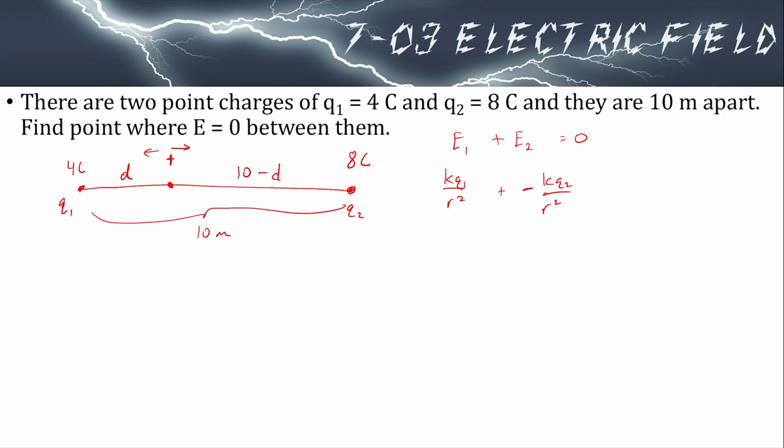So I'll call that one negative since it's going towards the left. Q1 is 4c and its distance is d. Q2 is 8c and its distance is 10 minus d.